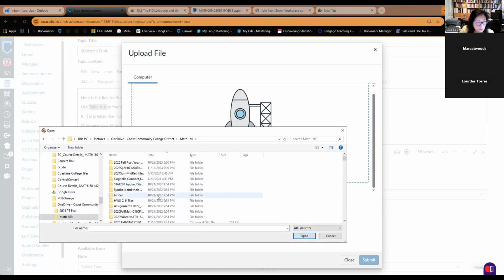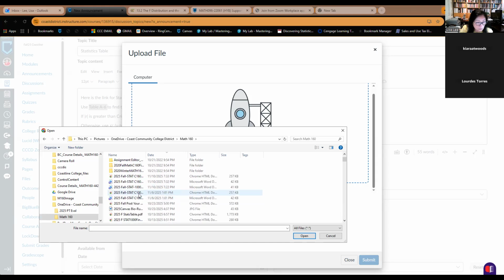Math 160. We used to call it Math 160, and the state law asked us to change to a common number for all the colleges in California. It changed to Stat 1000. I found it here, I think this one is the statistics table.